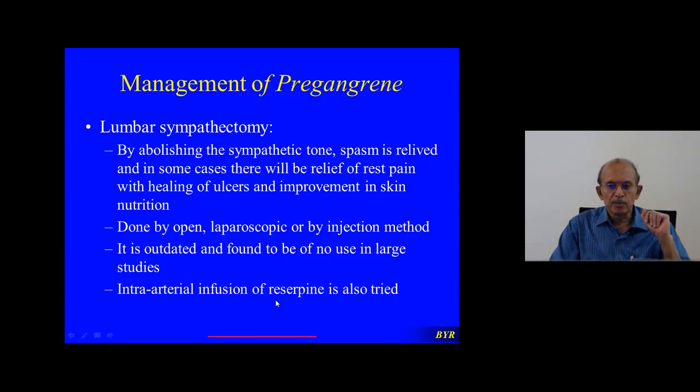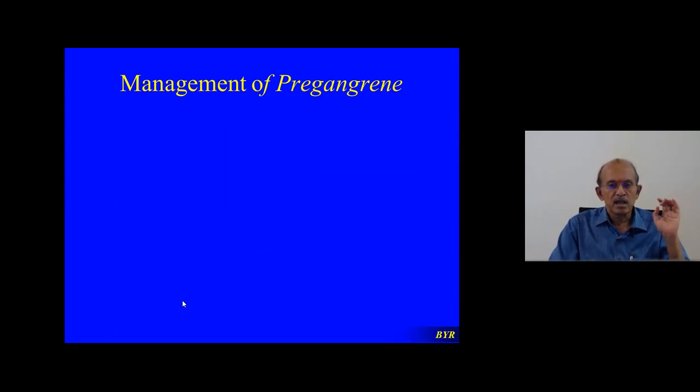Intraarterial infusion of reserpine was also tried, but that was also found to be of no use. So a lot of work is going on in the management of Buerger's disease, but none of the treatments at present available are suitable. Direct arterial surgery is not feasible.